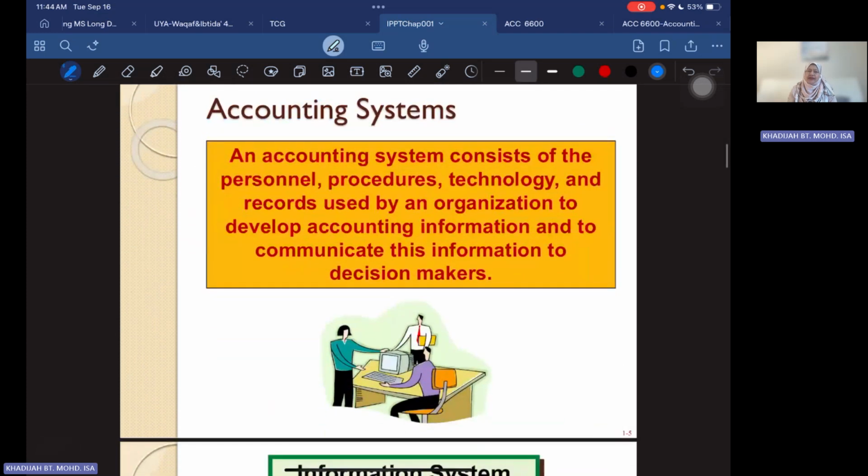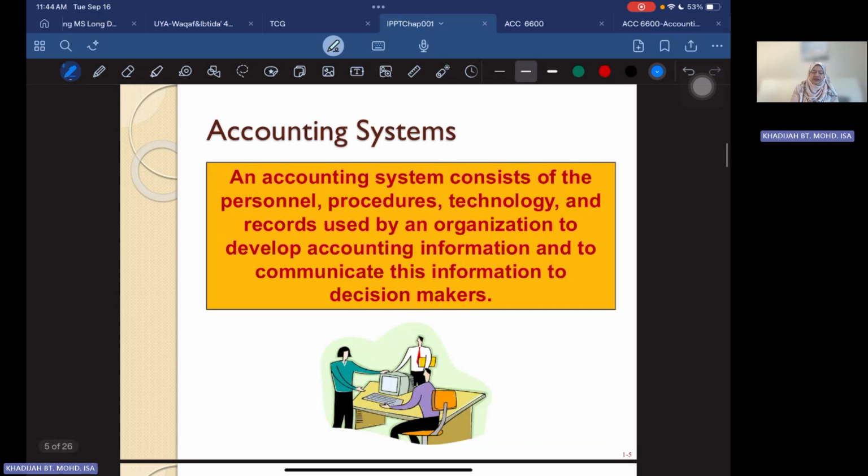Right. So we talk about accounting systems. A system here doesn't work on its own. When we talk about a system, it encompasses several components. For example, in this case we are talking about the personnel. You need accountants, you need managers, there are a lot of people involved. Remember, we talk about business activities, and then we have the procedures, how to do a process from one step to another.